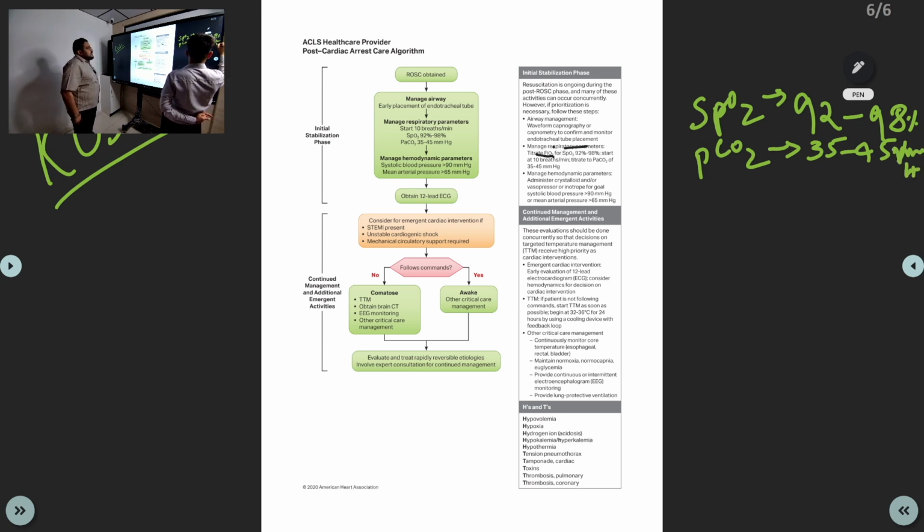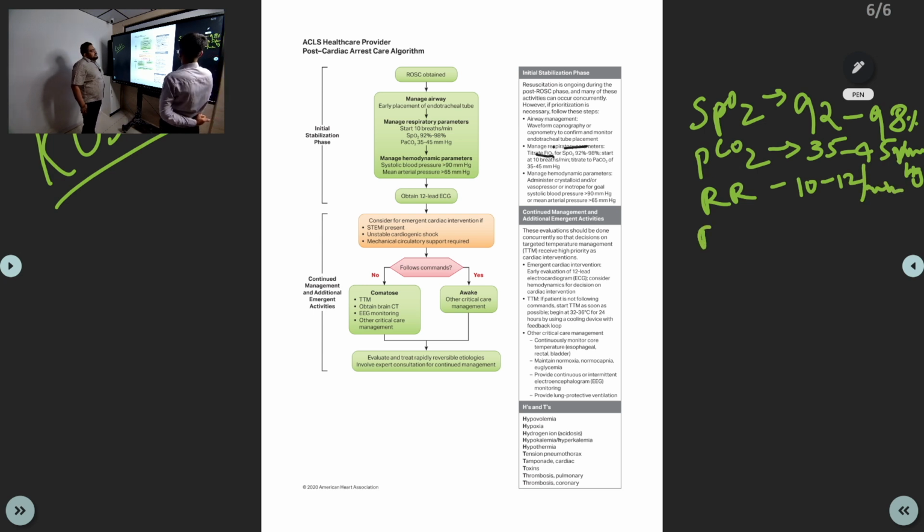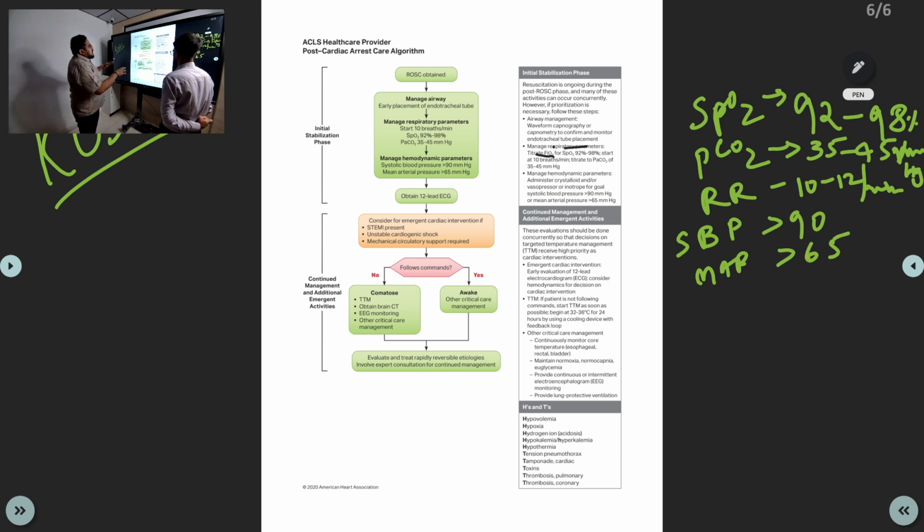Then a respiratory rate of approximately 10 to 12 breaths per minute; you can target 10 breaths per minute. Then blood pressure: systolic blood pressure greater than 90, and mean arterial pressure above 65 is the target. So suppose you have achieved return of spontaneous circulation and already secured a definitive airway, these are the targets that you need to maintain.